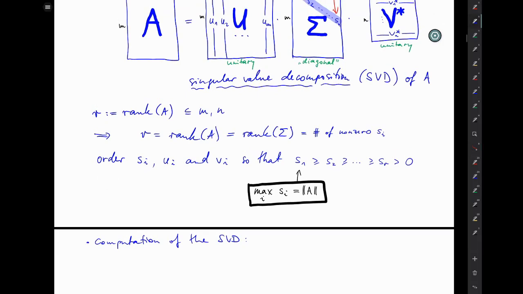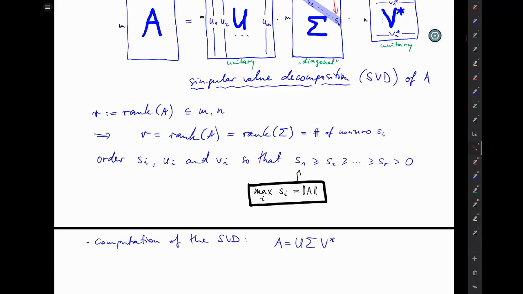And here you do what mathematicians sometimes do. You say, okay, suppose I already have all the ingredients U, sigma, and V star so that this equality holds. What properties would they have to have? And then you cut things down until they can't be anything other than the following.